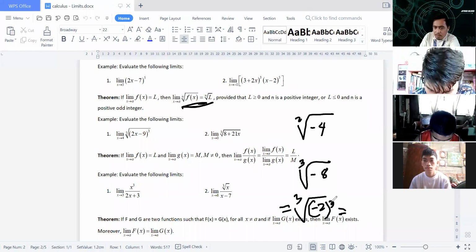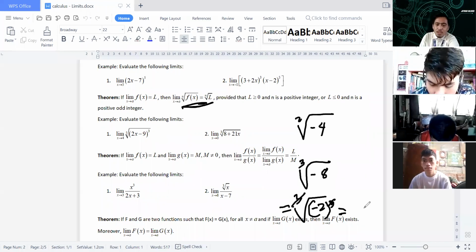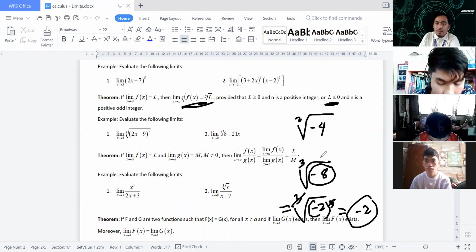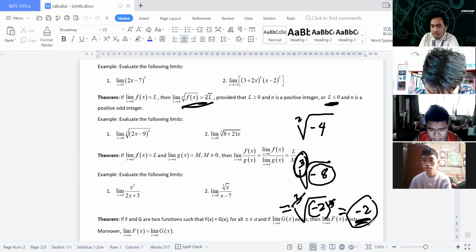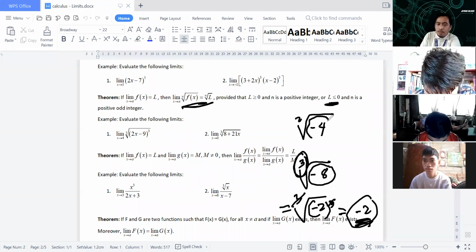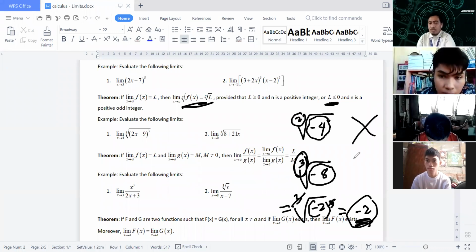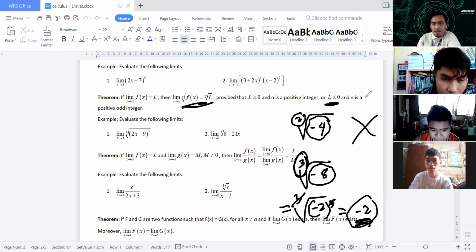So the cube root and the cube cancel, and your answer is negative 2. It means it will work even if your L is negative, as long as n is odd. But if it is negative and n is even, there is no answer. It is undefined under the set of real numbers. Clear? Yes, sir. Good.